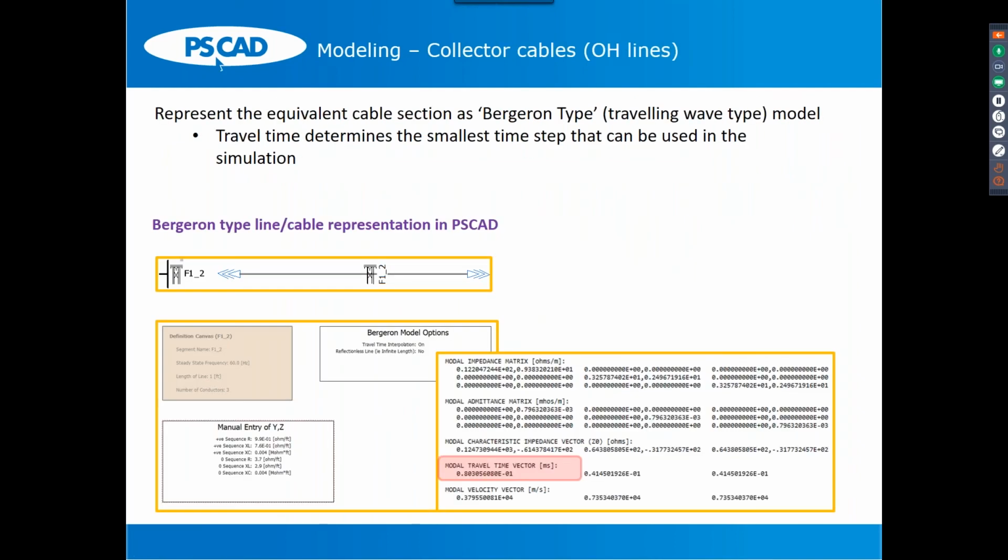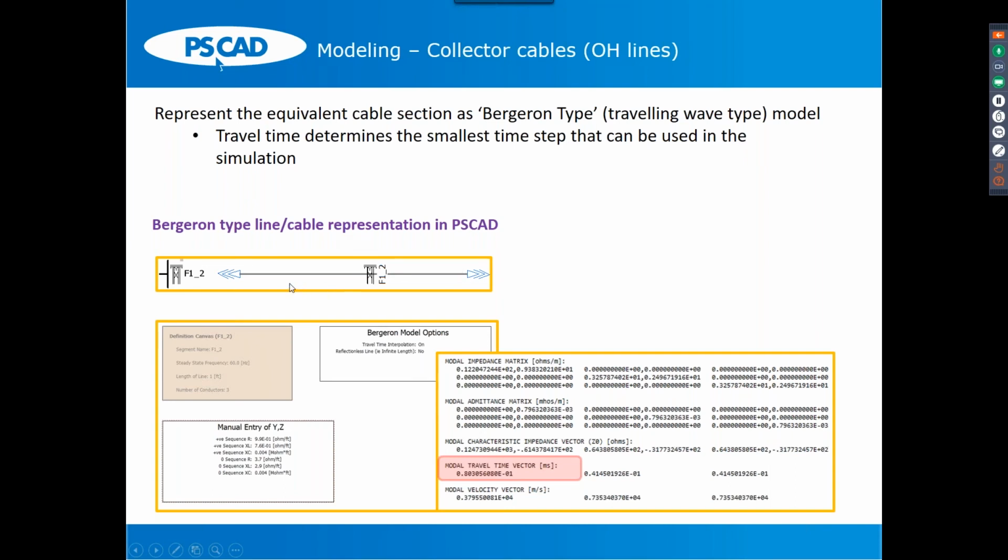Once you figure out the R, X and B values of the equivalent cable segment, it is to your advantage to represent that cable segment using a traveling wave type cable or transmission line model in PSCAD, right?